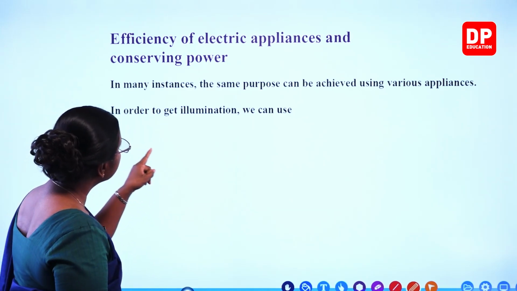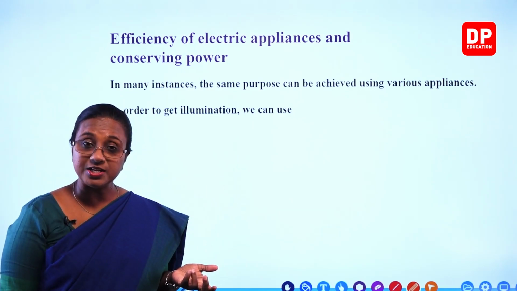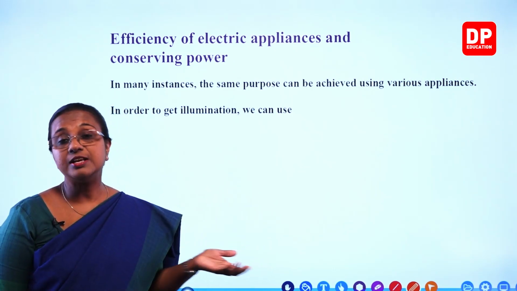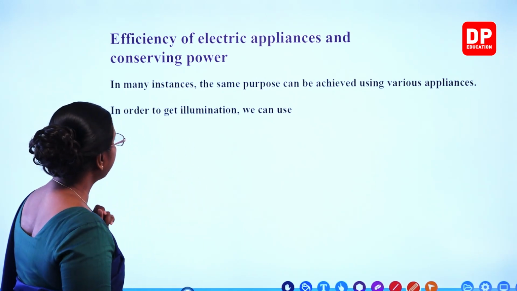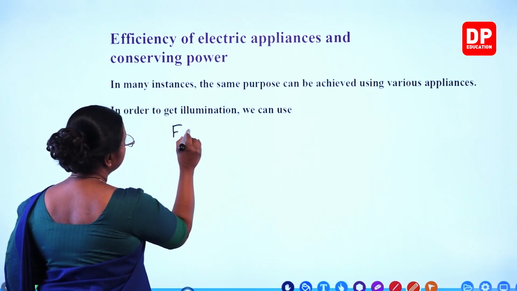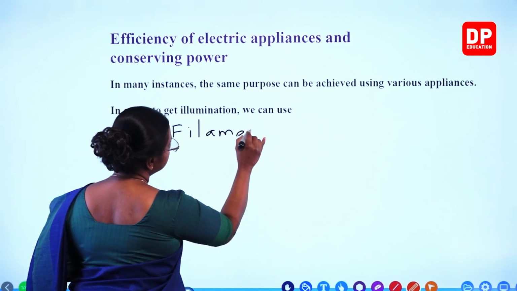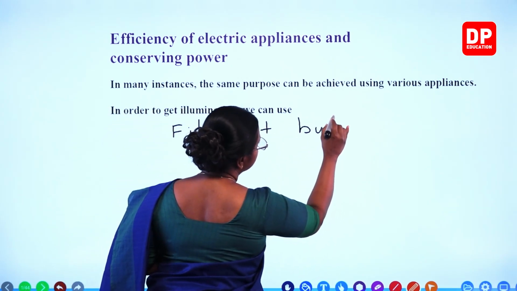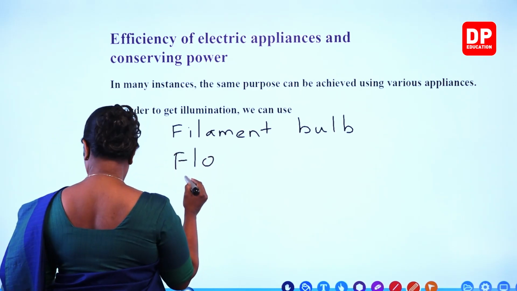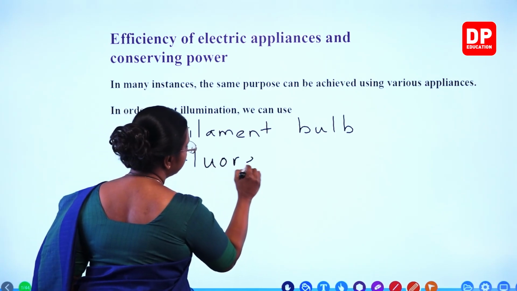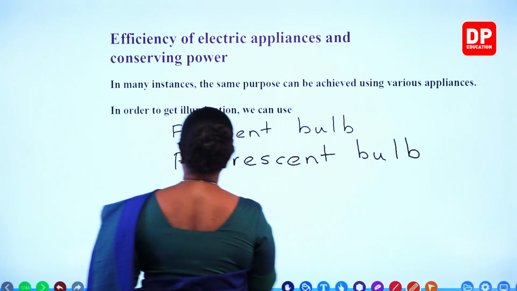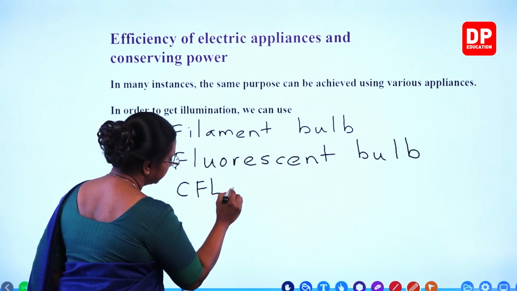In order to get illumination, what is illumination? Getting light. Illuminating means getting light. So we can use different types of light bulbs. We can use a filament bulb, a fluorescent bulb, and a CFL bulb.